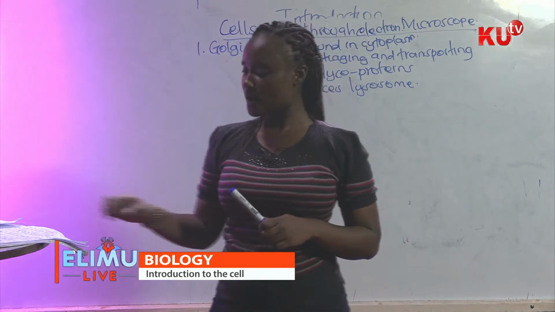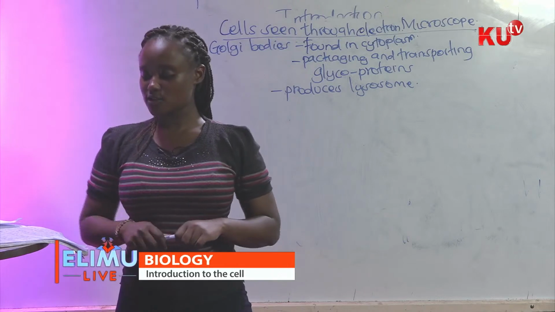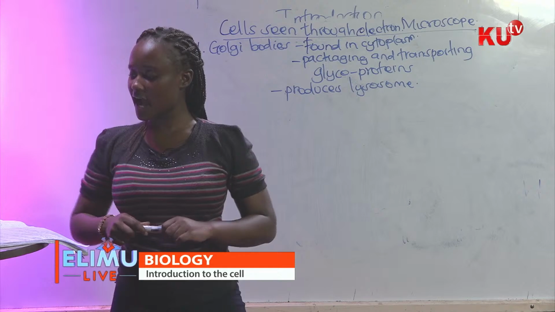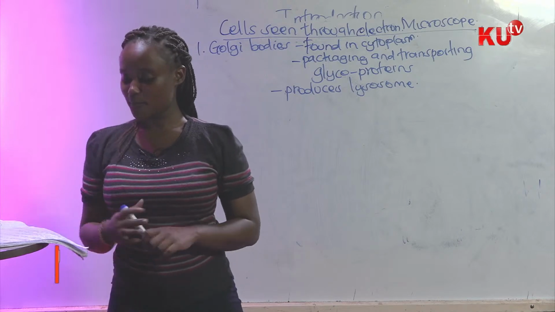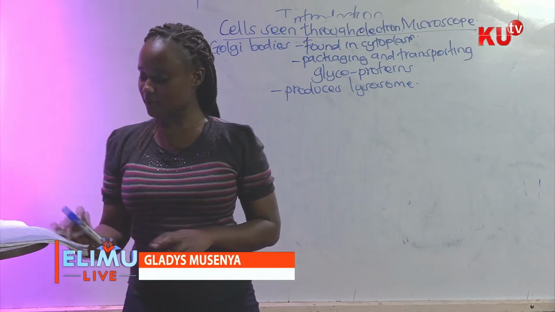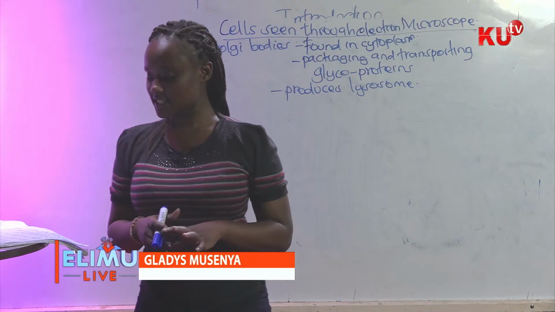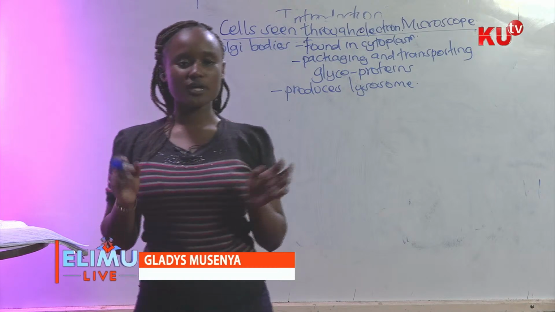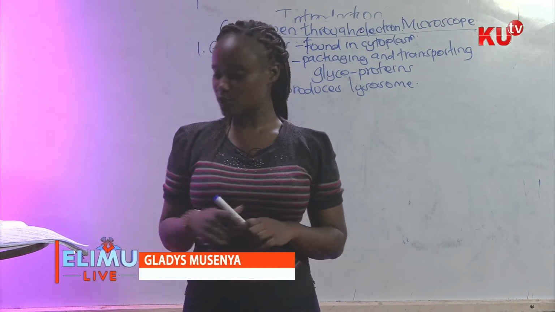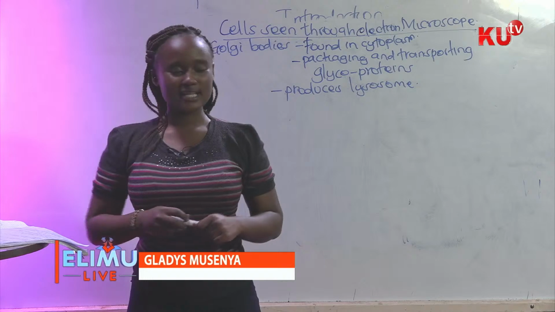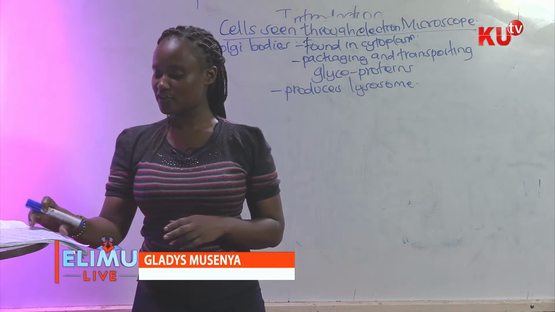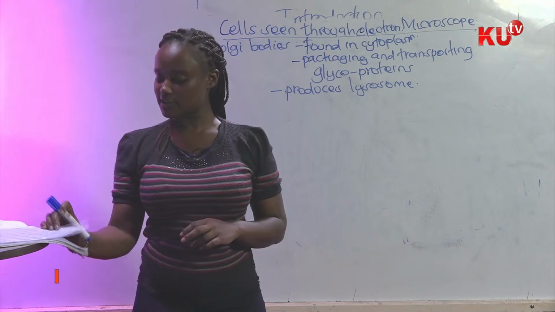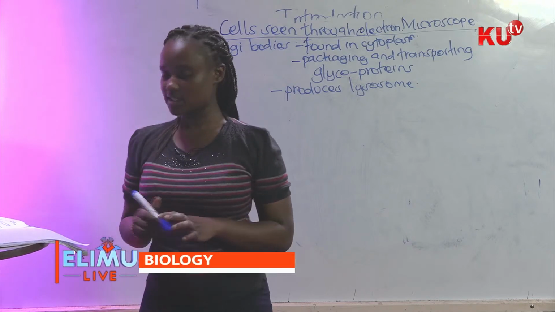Now, I am going to give an assignment on the cells seen under the electron microscope, which we are going to discuss in our next lesson. I hope it shall be a walkover. The cells seen under the electron microscope, their structure and function.